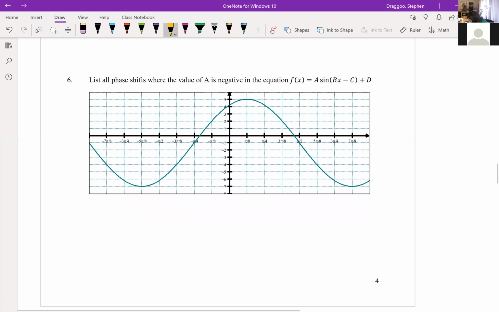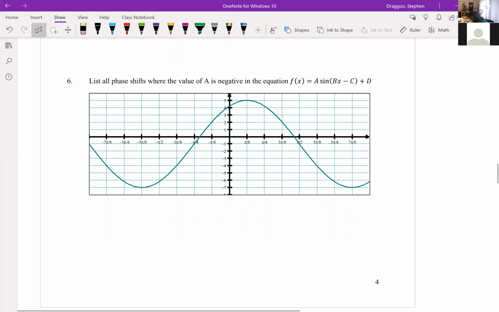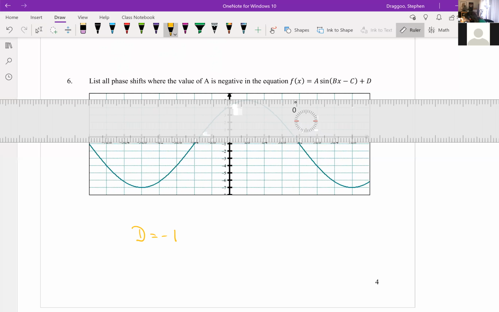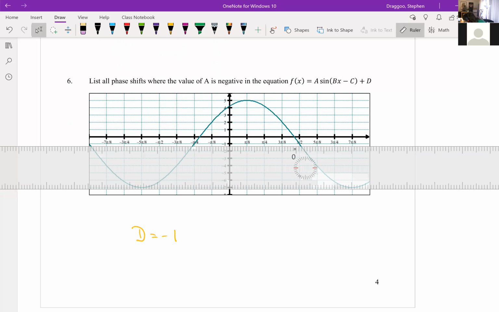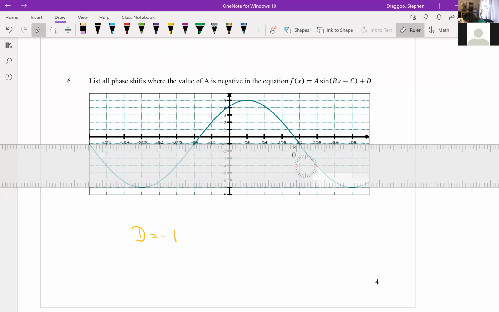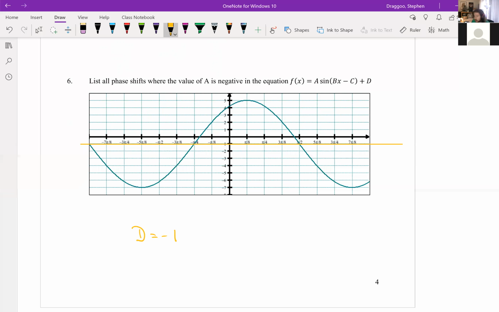So it's worth noting in this graph, D is equal to -1. So there's our vertical shift drawn in. And that's where we're going to look for phase shifts for sine.